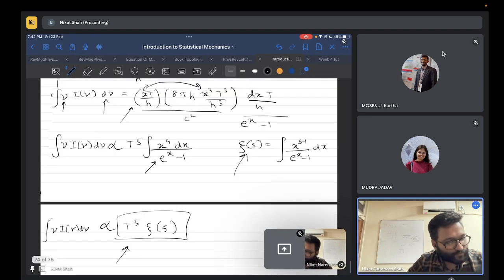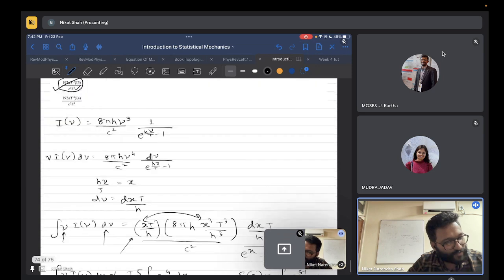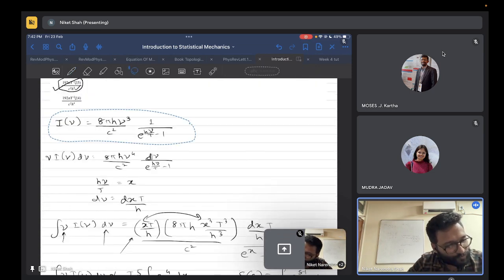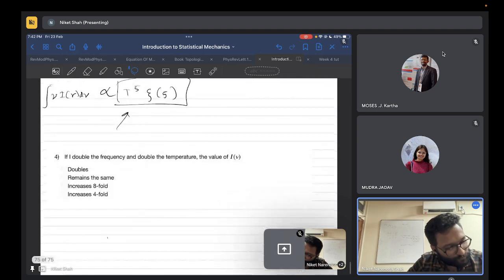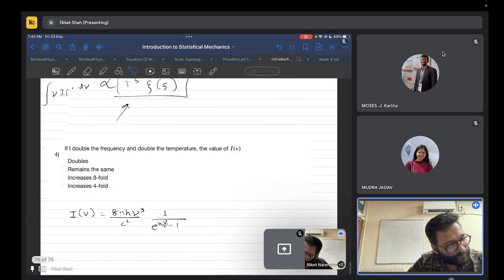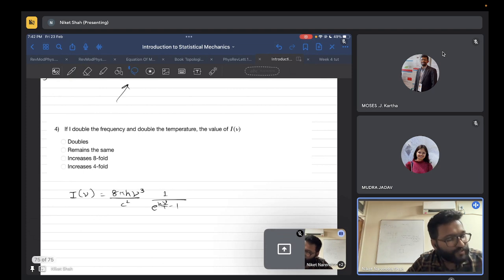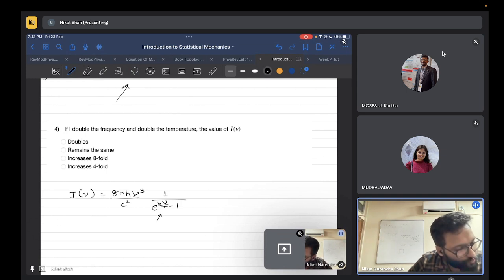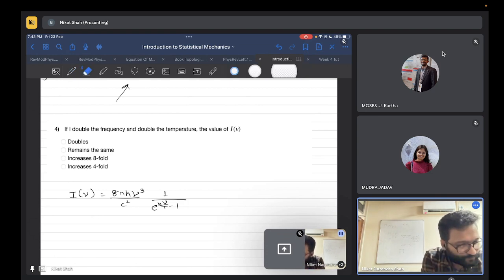Again, we can see this expression of I nu here. If I am doubling the frequency and doubling the temperature also, this nu goes to 2 nu, here also nu goes to 2 nu, and T also goes to 2T. So let's just do it.